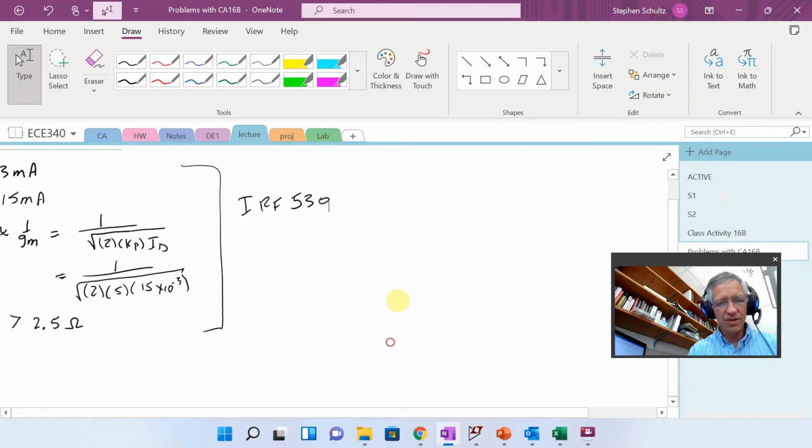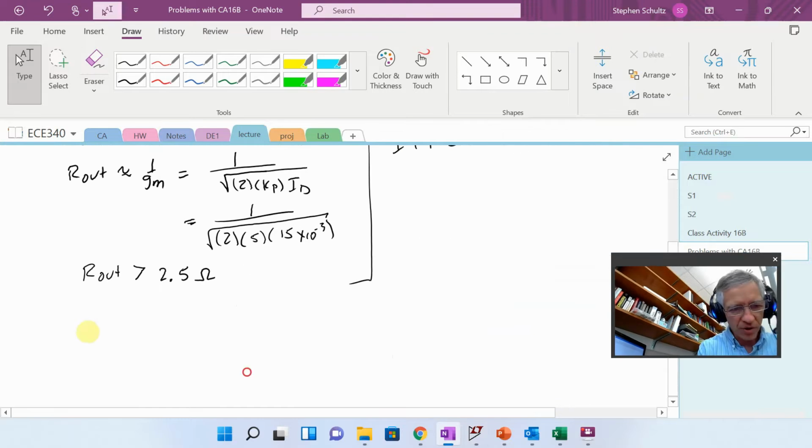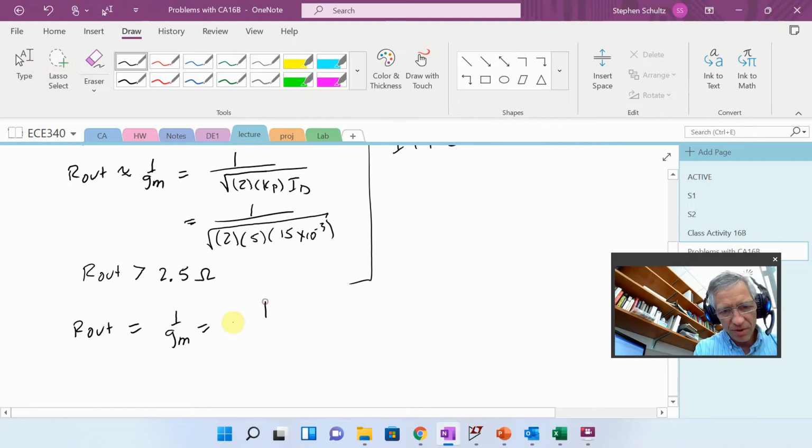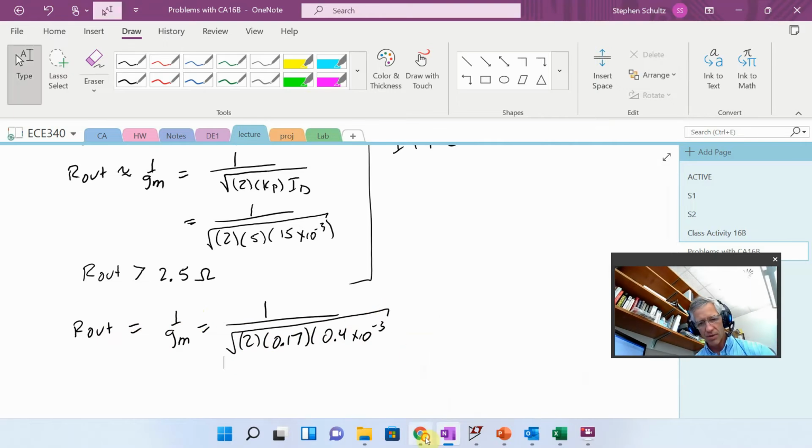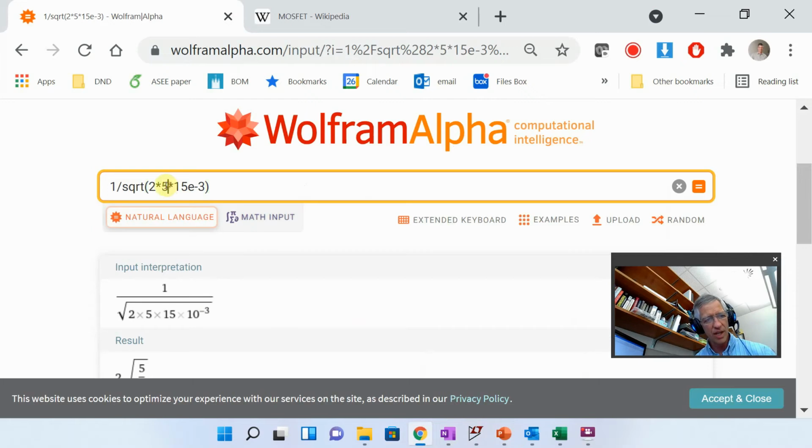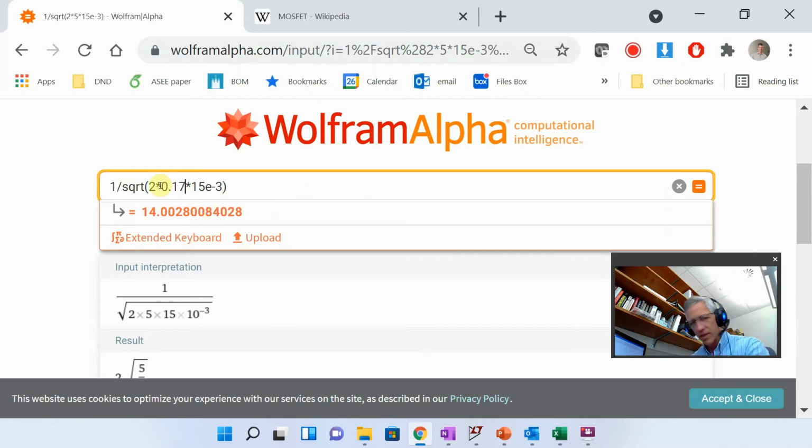So now we're going to do the same thing, and we're going to say that R out is equal to 1 over gm, which is equal to 1 over the square root of 2 times the Kp for this one, which is 0.17, times its minimum current. Then we're going to try that out. We change the Kp to 0.17, and we change our current to 0.4 milliamps.